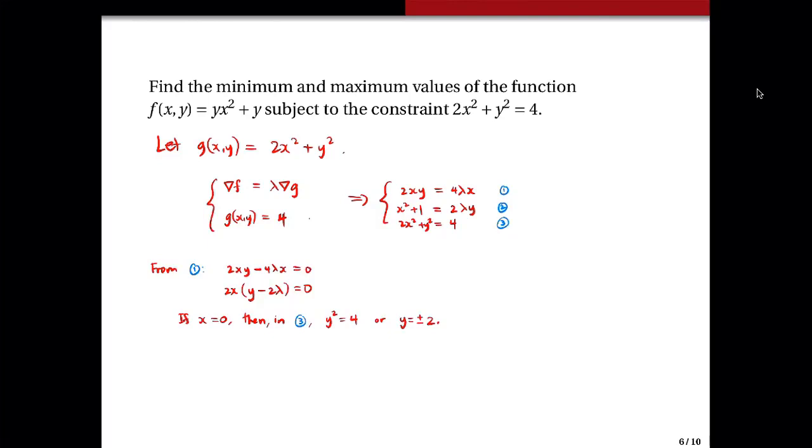So we get the points (0, 2) and (0, negative 2). Correct?